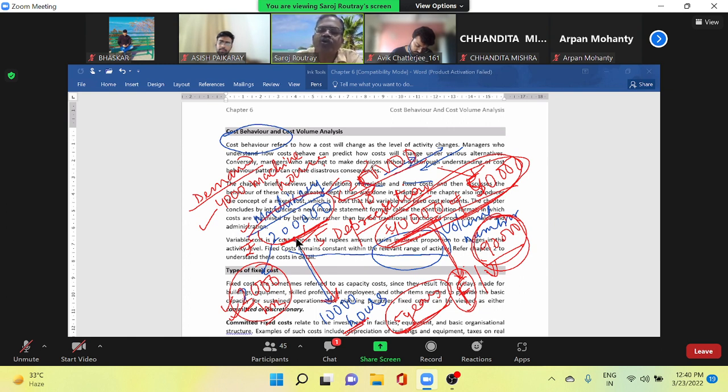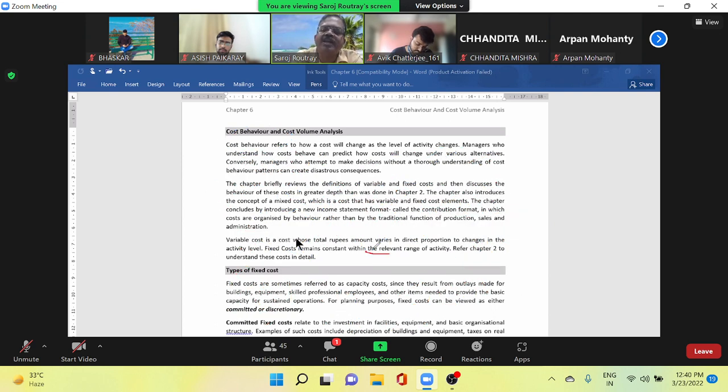So the definition of fixed cost is that within a relevant range, it remains the same. While defining fixed cost, you can't leave this part out, because otherwise your answer is not a conclusive one. Now I'm asking you one more question.